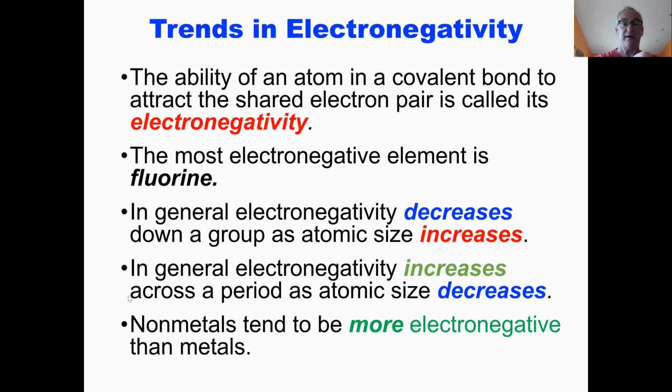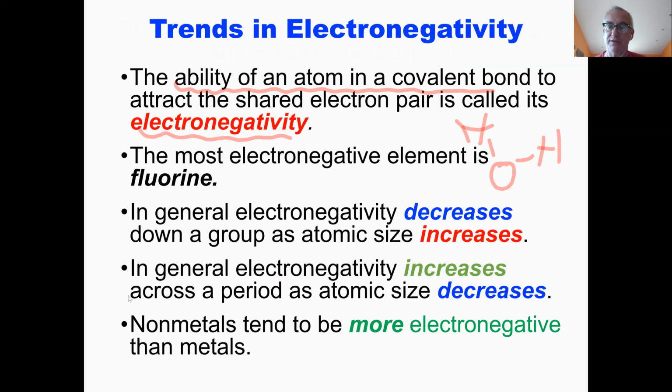It's the ability of an atom, when it's bonded to another atom, to attract that shared pair of electrons towards it. So let's look at water again. I love talking about water. Oxygen is more electronegative than hydrogen.